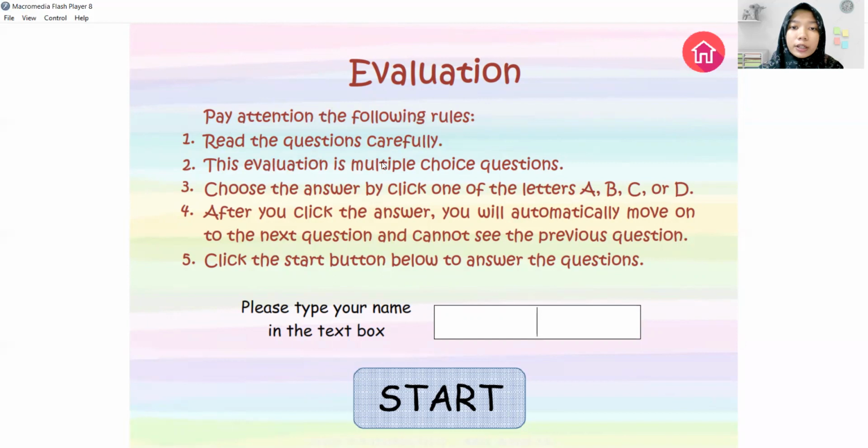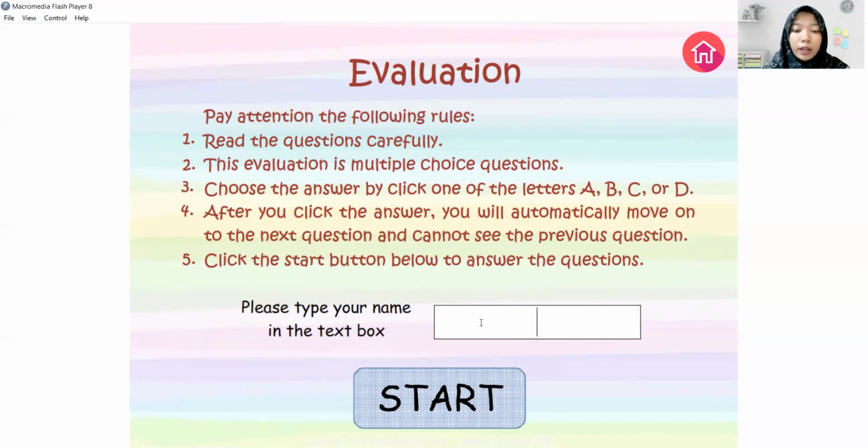This evaluation is multiple choice questions. Choose the answer by clicking one of the letters A, B, C, or D. After you click the answer, you will automatically move on to the next question and cannot see the previous question. Click the start button below to answer the questions.